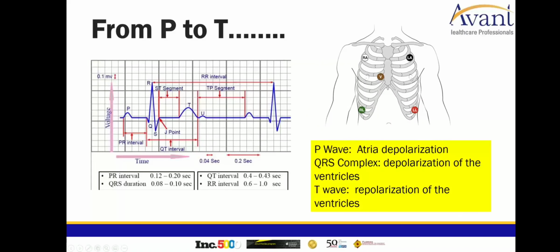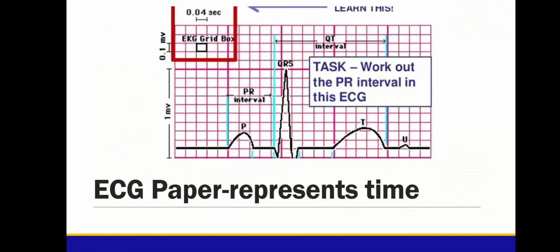All right. So once again, P represents atrial depolarization, QRS is depolarization of the ventricles, and T represents the repolarization of the ventricles. And like I said, when we looked at that paper, once again, this is a more close-up look at what this looks like. The small box, how much was that again? Yes, 0.04, and 5 boxes between the two bold lines, 0.2 seconds.